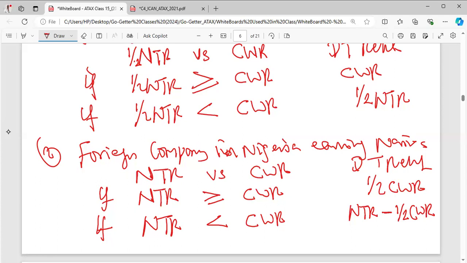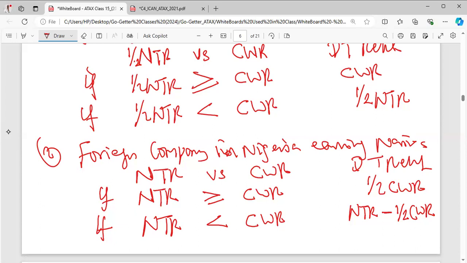So how do you memorize it? If it is a Nigerian company in foreign land, you know that it is between half of the Nigerian tax and the Commonwealth rate, whichever is lower. If it is a foreign company in Nigeria, it is between Nigerian tax and the Commonwealth rate of tax.